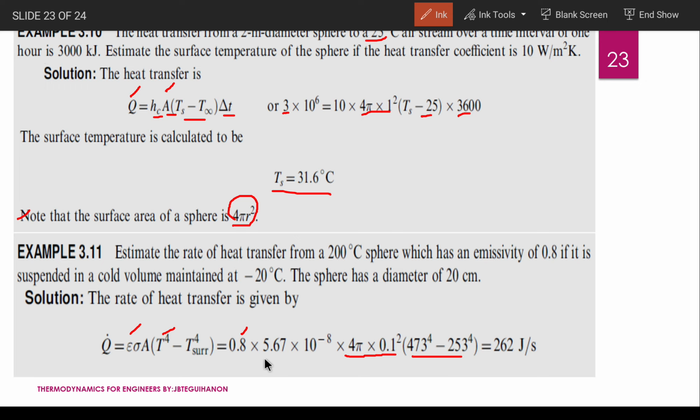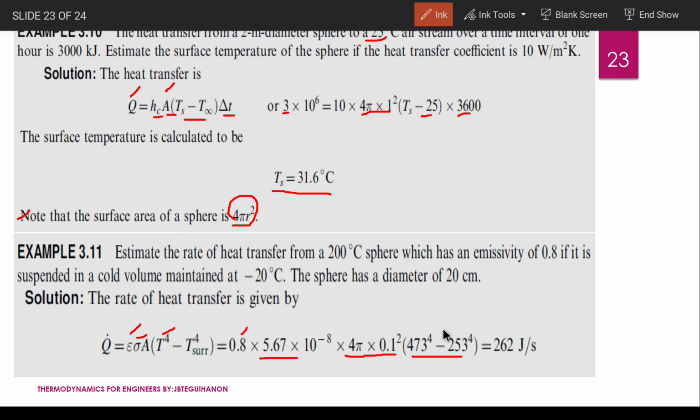Okay, tapos ito naman, yung 5.67 times 10 raise mo sa negative 8.